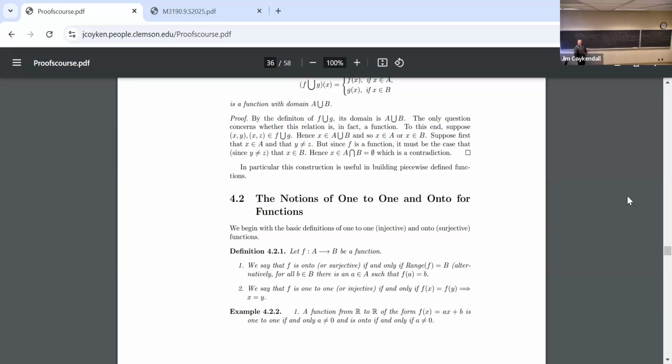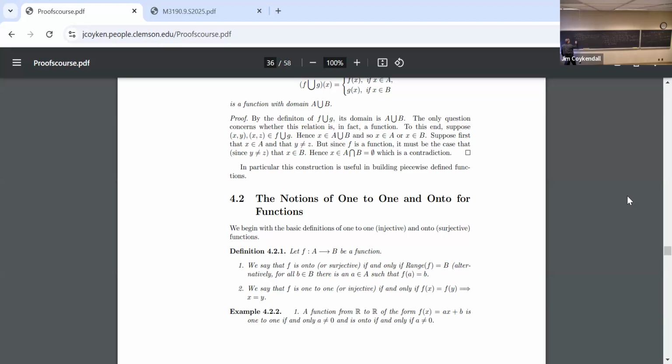What is f of 2? It's b. What is f of 3? It is b. So f is not 1 to 1, because we have two different inputs giving the same output. Everybody okay with that? Ooh, see how contrapositive, that's much easier than trying to go directly.